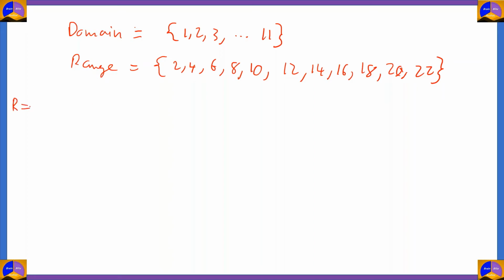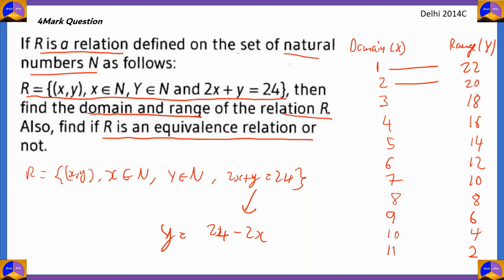So our relation R will be 1, 22. Since R is given as x comma y, we put the value of x and y together.